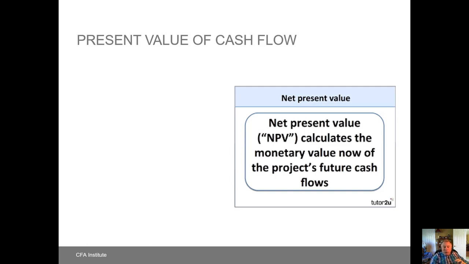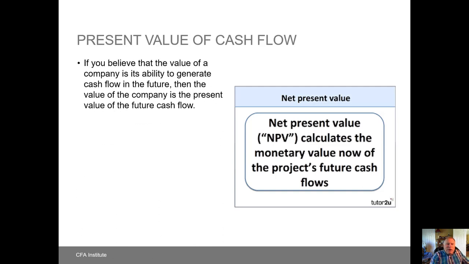Now we're going to take that forecasted cash flow and present value it back to determine what the present value of the cash flows are. We will compare that to the market price and determine if it is undervalued, fairly valued, or overvalued.